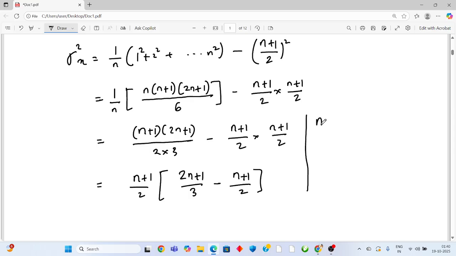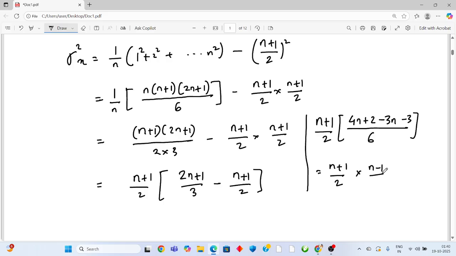So n plus 1 by 2 times the LCM of 3 and 2, which is 6, times 4n plus 2 minus 3n minus 3. So n plus 1 by 2 into n minus 1 by 6. So we are getting n square minus 1 by 12.